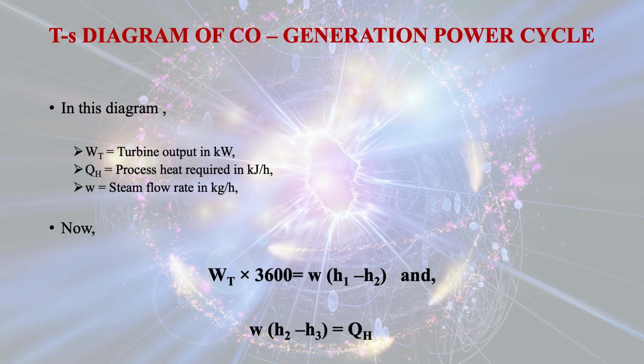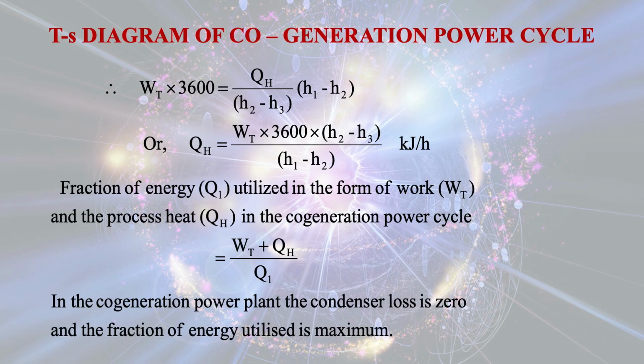Now we can write WT into 3600 is equal to QH divided by (H2 minus H3) multiplied by (H1 minus H2). From this expression you can find out QH, the heat given out from the cogeneration plant for the process heating.